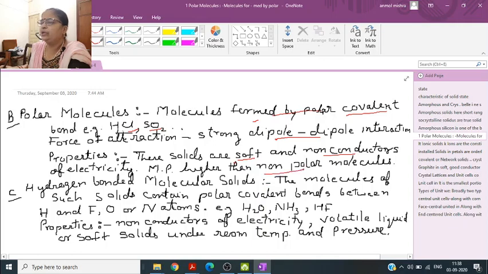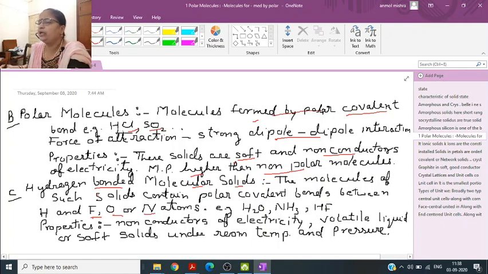than non-polar molecules. Third type is hydrogen bonded molecular solids. These molecules contain polar covalent bonds between hydrogen and atoms like fluorine, oxygen and nitrogen. This already you have studied in hydrogen bonding in class 11.